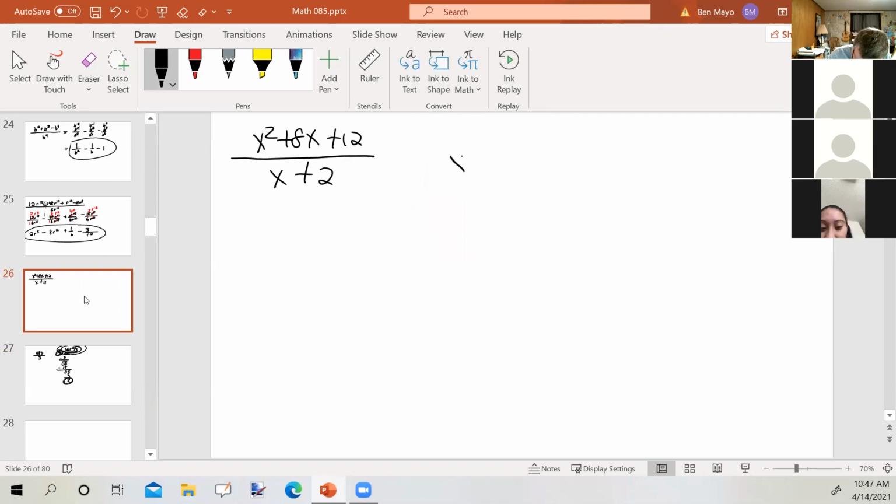So x plus 2 goes outside. x squared plus 8x plus 12 goes on the inside. Now, some of the things are the same and some of them are slightly different. So let's go through the steps.